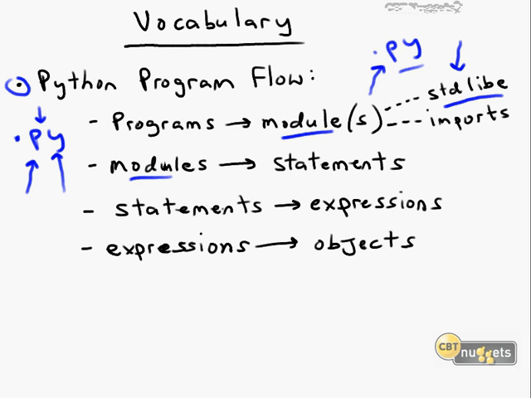At the module level, once we drill into a specific .py script file, we're going to find that those files are composed of statements. Statements can also be looked at as reserved keywords. In a future nugget, we're going to look at all of the Python built-in reserved statements. The statement in Python is some reserved word that calls some specific action into play. Within your statements, you're going to find expressions.